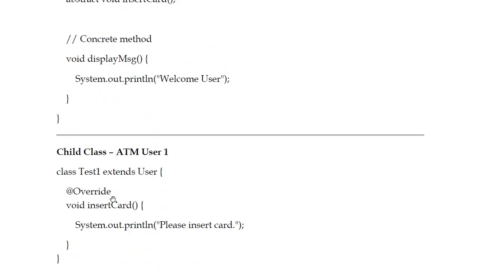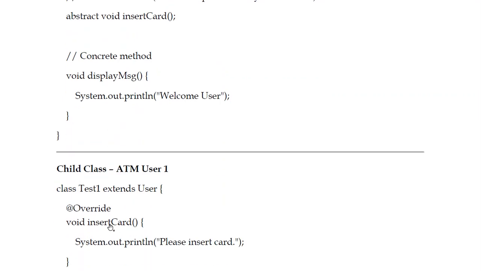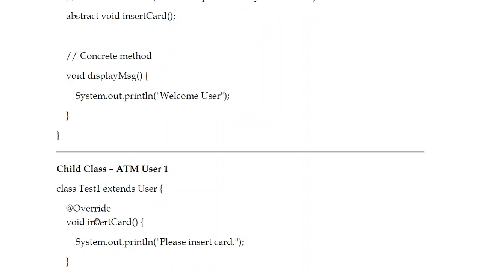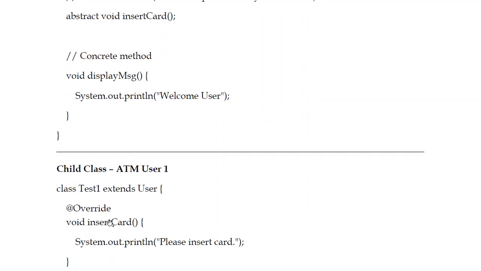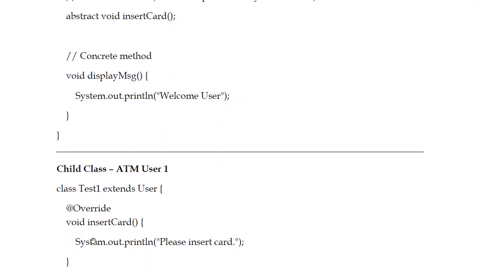The @Override annotation means the method is already declared and I'm going to redefine it here, like the method overriding concept. I'm giving the compiler the message @Override so that anyone coming to this code as a developer or programmer can understand the method is overridden here.